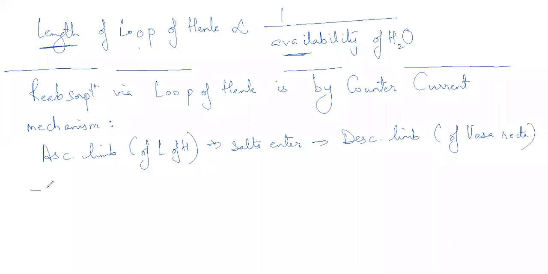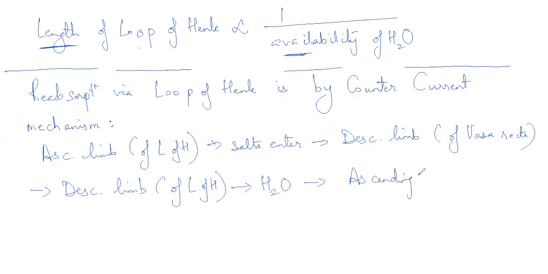Then from the descending limb of loop of Henle, the water enters into the ascending limb of vasa recta.